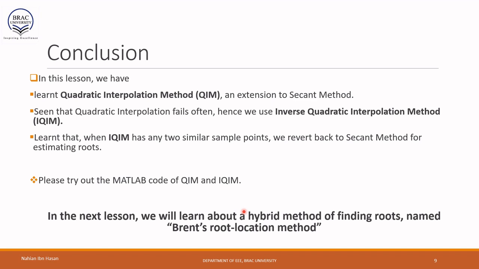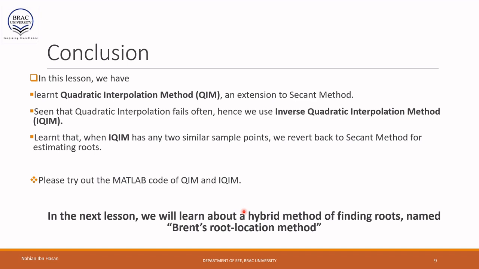So please try out the MATLAB code that I have attached with this video, both the quadratic interpolation method and inverse quadratic interpolation method, and please try out some more functions, like sinusoidal or trigonometric functions, and look at how the quadratic interpolation methods perform.